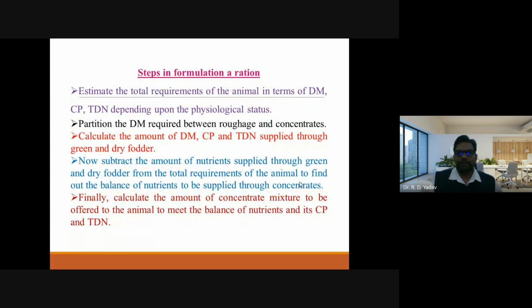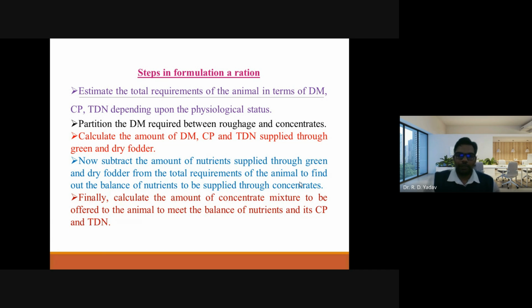So let us start with the steps in ration formulation. We have discussed their requirement: what is the requirement of the animal according to their body weight and their physiological state, like growth and production. In case of poultry, it is milk and egg production.